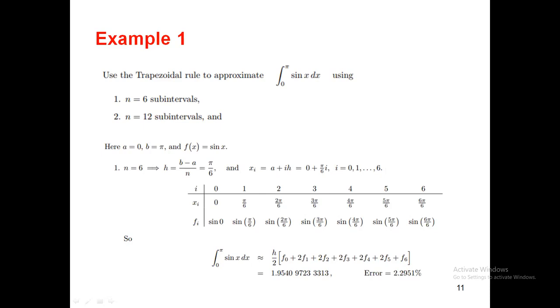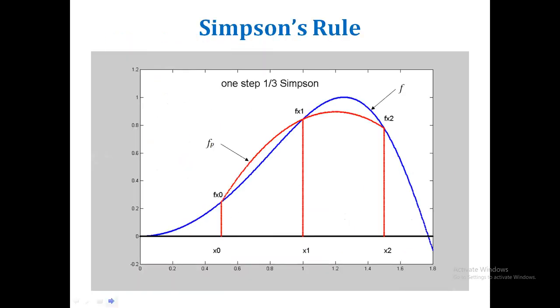So we'll go to Simpson's rule. If the trapezoidal rule approximates the area under the function to be that of a trapezoid, in the case of Simpson's rule you also have two parallel sides for the figure whose area needs to be computed, but this side here is not a line, it's curved.